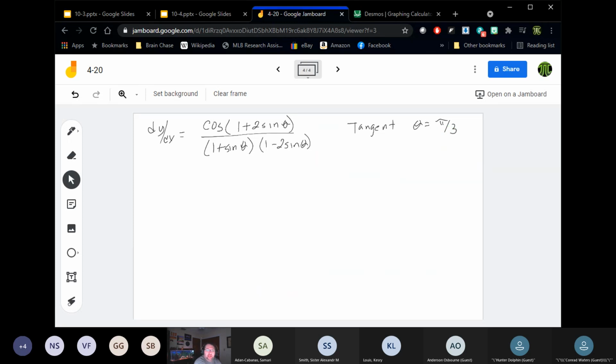So what we're going to do is plug in pi over 3 to all the thetas. Oh, I missed my theta right there. So cosine of pi over 3 is 1/2. 1 plus sine of pi over 3 is square root of 3 over 2 times 2, so that would be just square root of 3 over 1 plus square root of 3 over 2, and then 1 minus square root of 3.